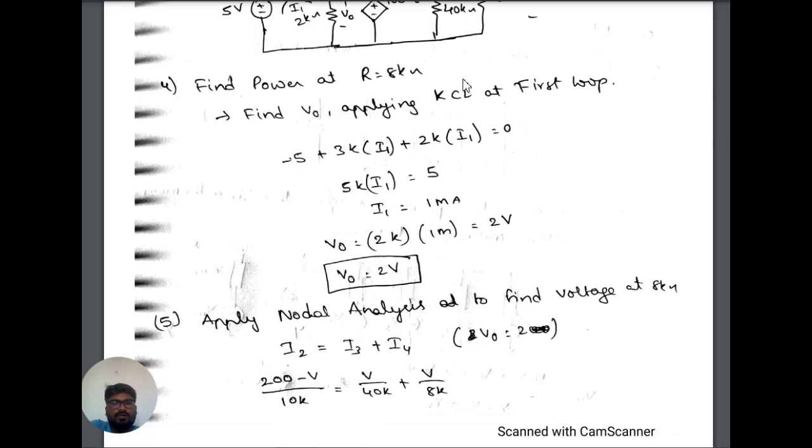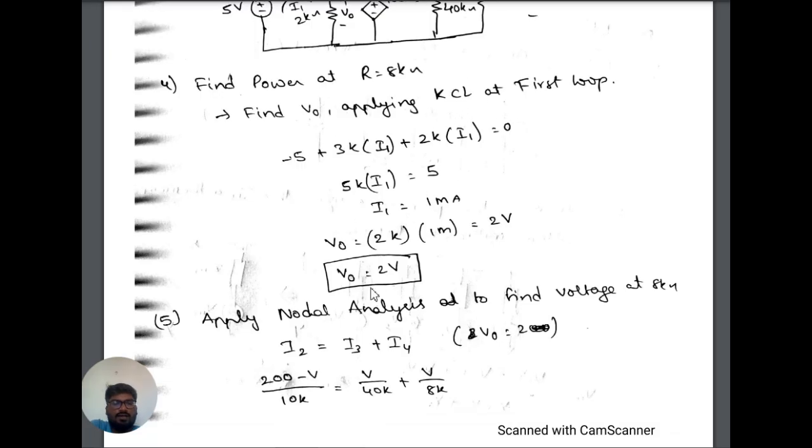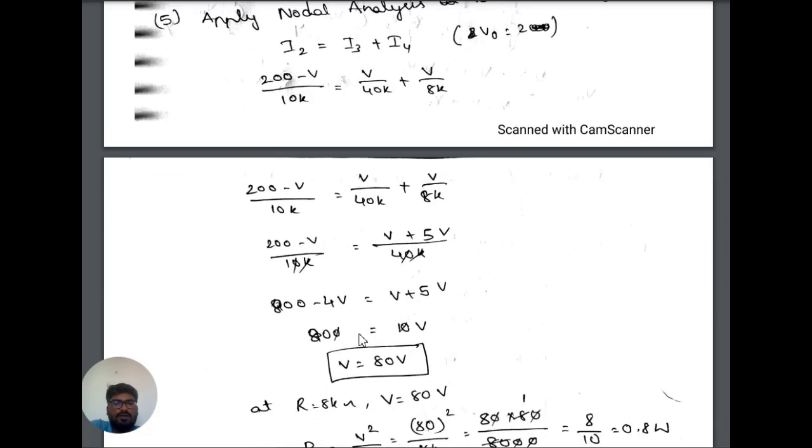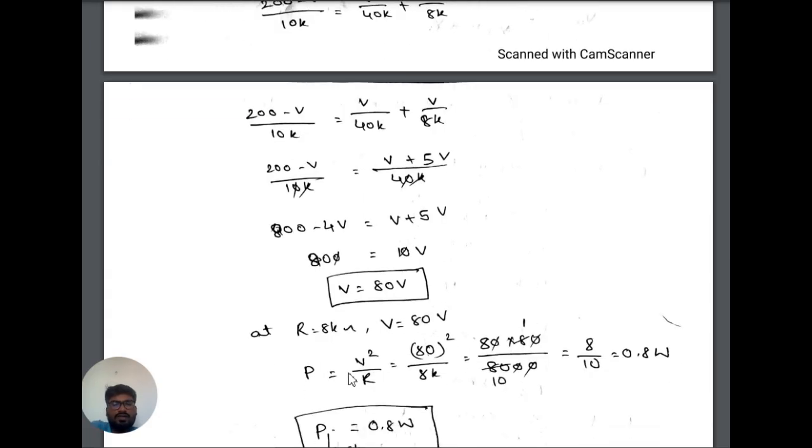Applying KVL, sorry, not KCL, and nodal analysis, we found the voltage as 80 volts. We can use V squared by R, which gives 80 squared by 8k. So the power delivered is 0.8 watts.